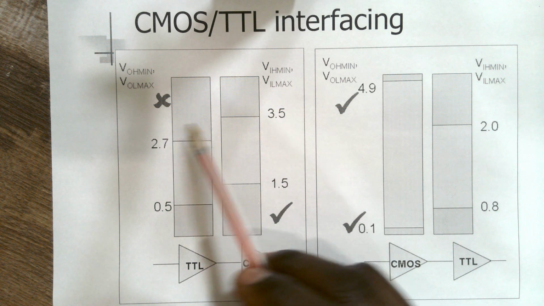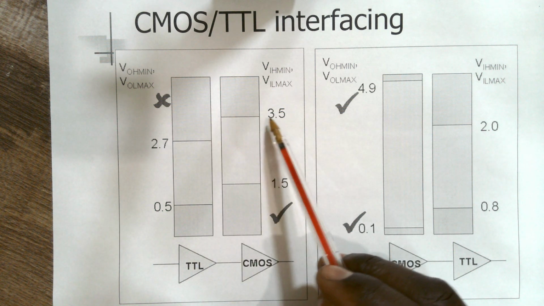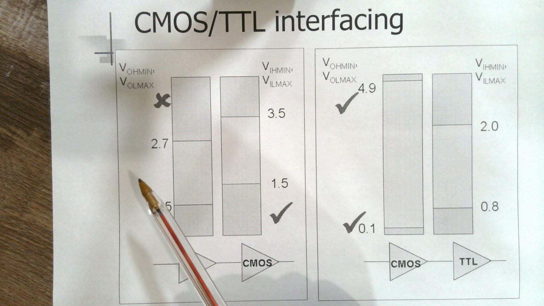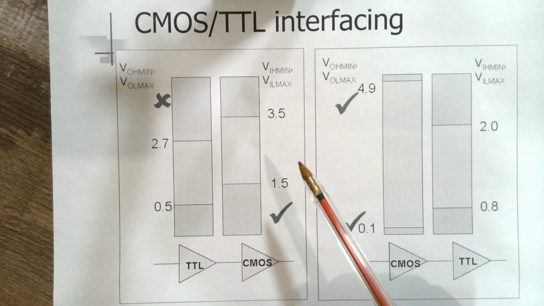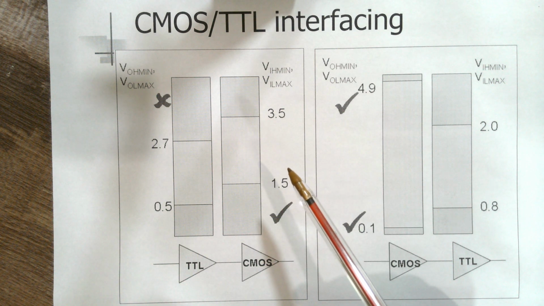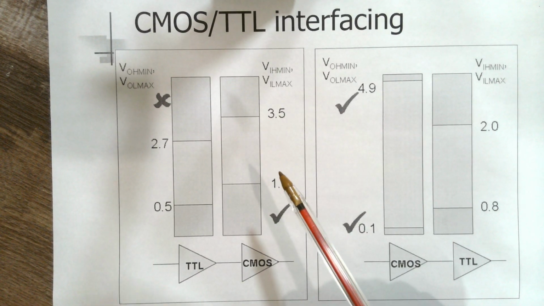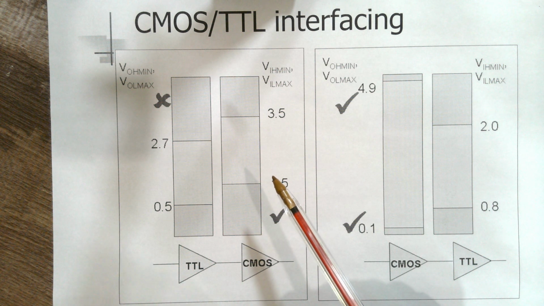The range between 2.7 and 3.5, those values are not going to be interpreted by the CMOS technology as a logic 1. So on that alone, we could say that they are incompatible.